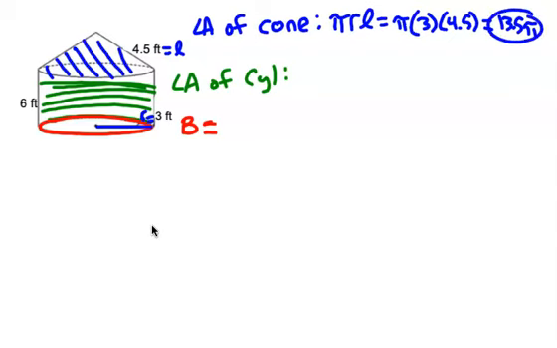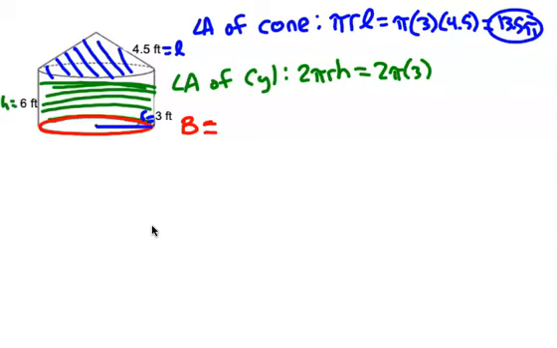The lateral area of the cylinder, that was from 11-2 when we learned cylinders. It was 2 times pi times r times h. So r is 3. h is the height of the cylinder.